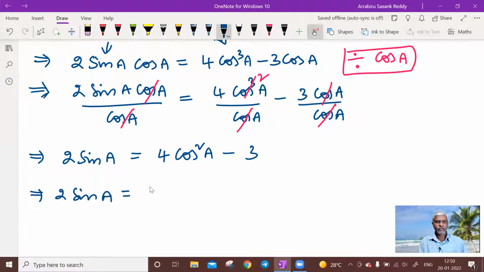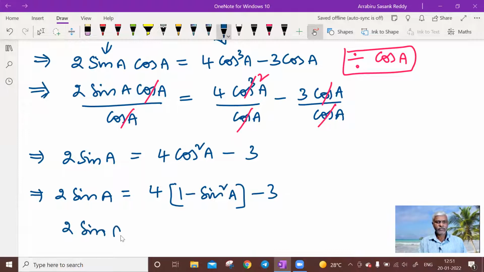Convert the cos into sine. Cos square is equal to 1 minus sin square A. So 2 sin A, 4 into 1, 4, 4 into sin square minus 3.